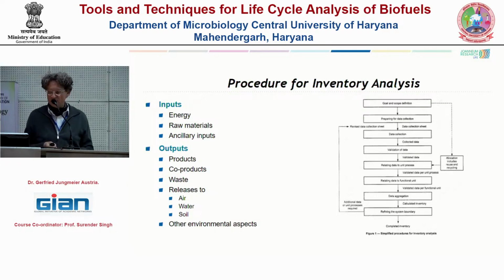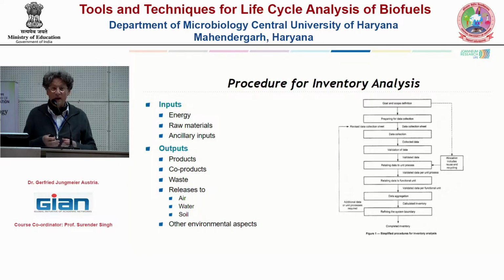Of course, the outputs are the products, or in between the intermediate products. This is the thing you're studying, you're interested in. Besides, there could also be some co-products that are somehow relevant in the overall production process, where then you have to apply allocation.